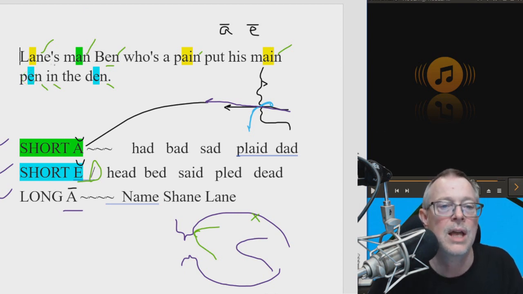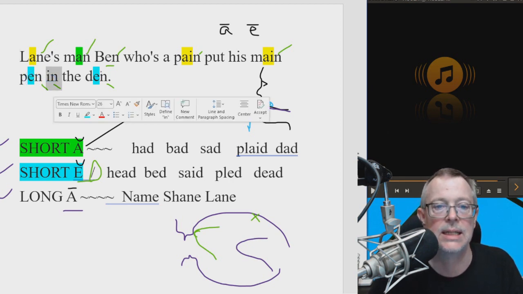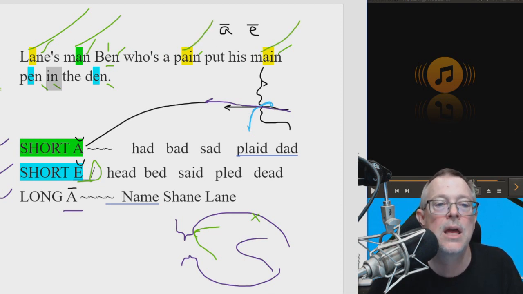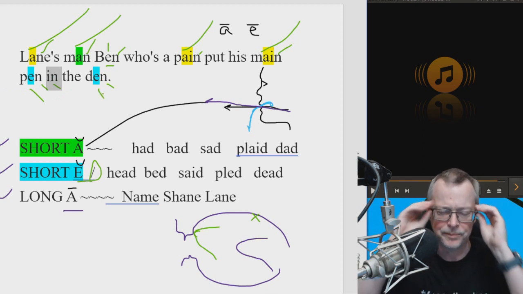Give me that pen. There we go. You want to keep this short. Not pen. Pen. In. Den. Okay? The long ones. Lane's man, Ben, who's a pain, put his main pen in the den. Okay? So this takes practice, guys.